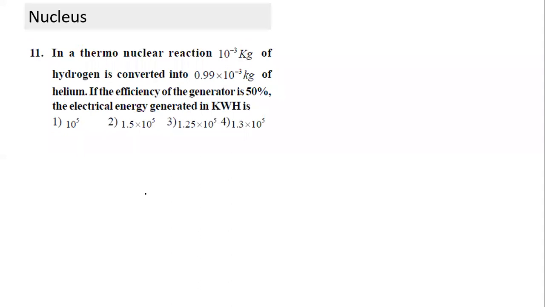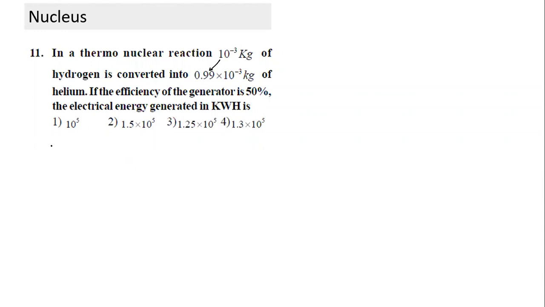Next one is something like this: a thermonuclear reaction. So many kg of hydrogen is converted into helium. Efficiency of generation is 50%. What is the heat generated in kilowatt hour? What you notice here is that after a nuclear reaction is over, the mass is reduced.